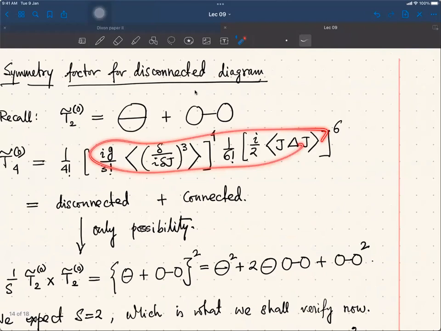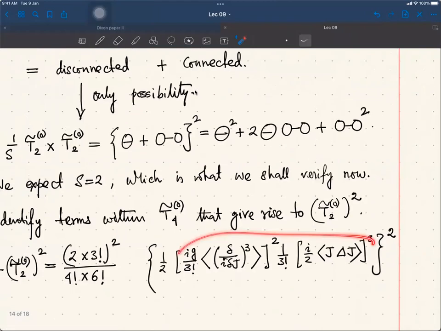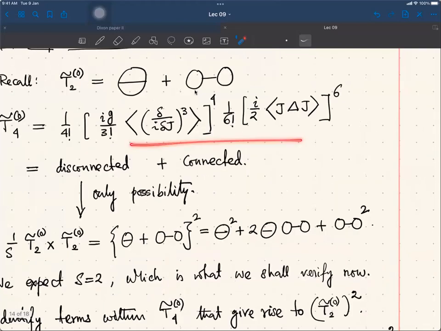This will have many other configurations which are all connected graphs, but we have identified the configurations for the disconnected piece. The question is how many times will it arise when we do the entire calculation here?